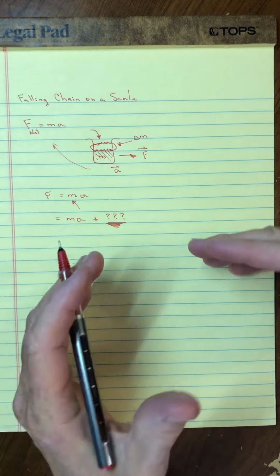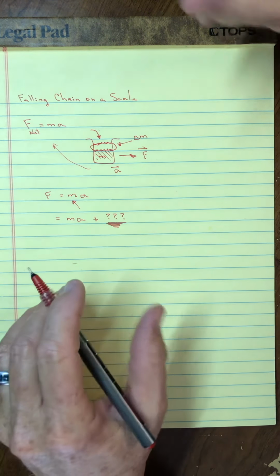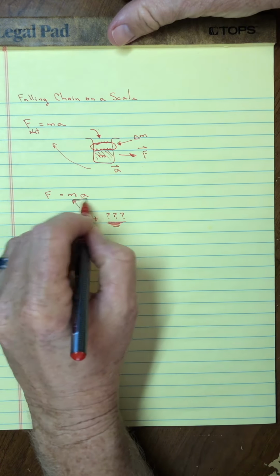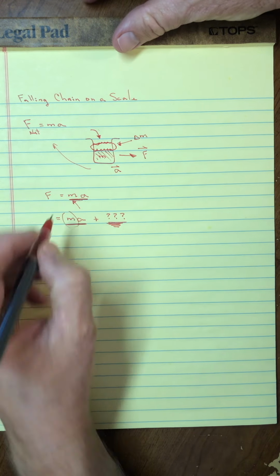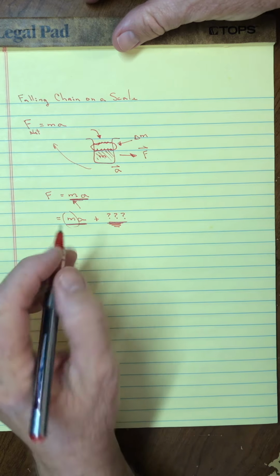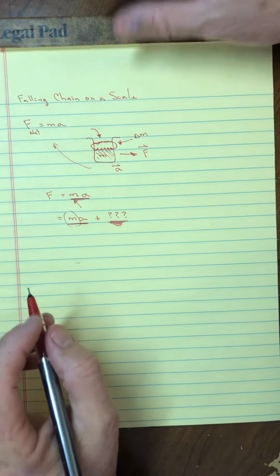There's a second piece missing, because our F equals ma was really only valid when we had objects that had a constant mass. And that's what I'm trying to explain here.